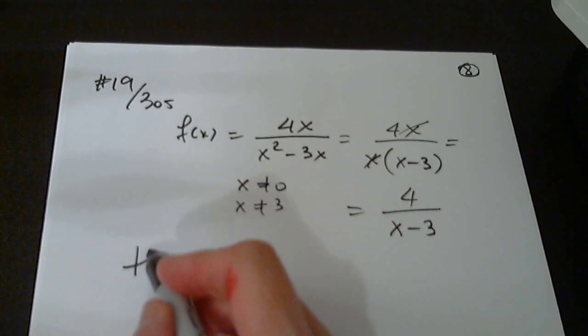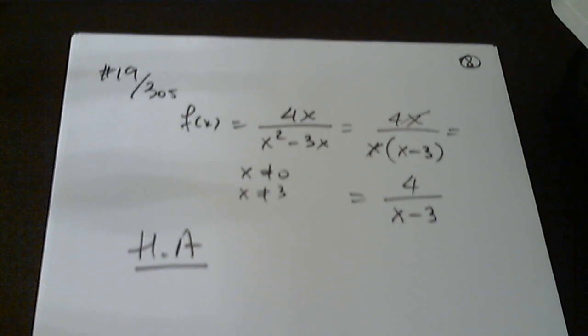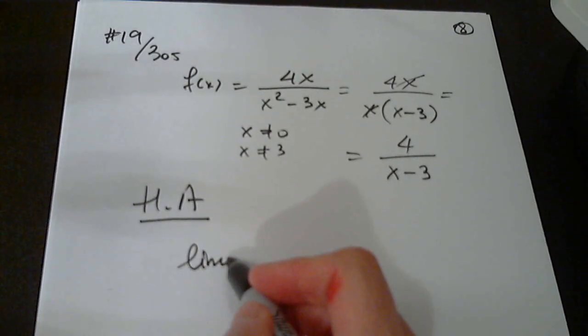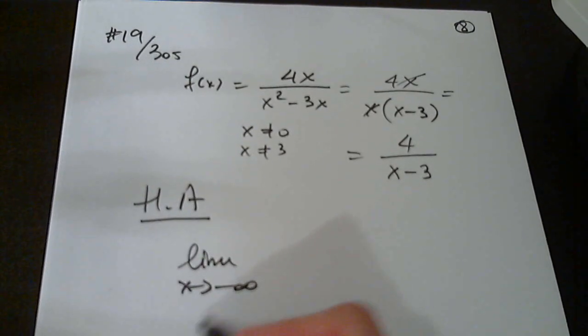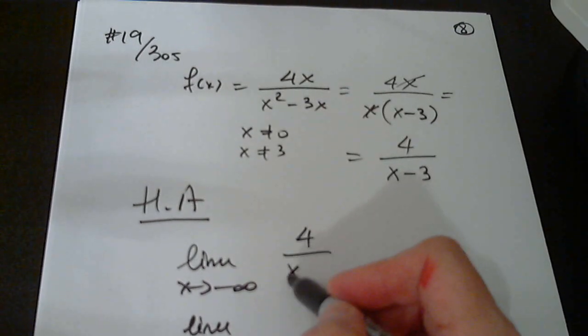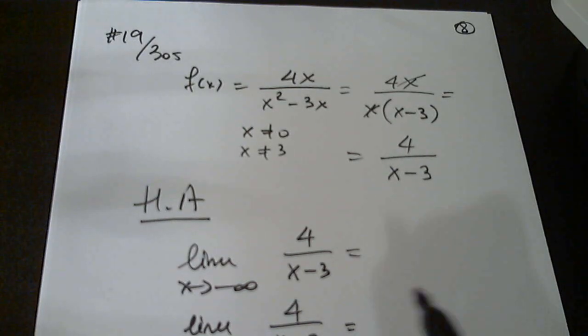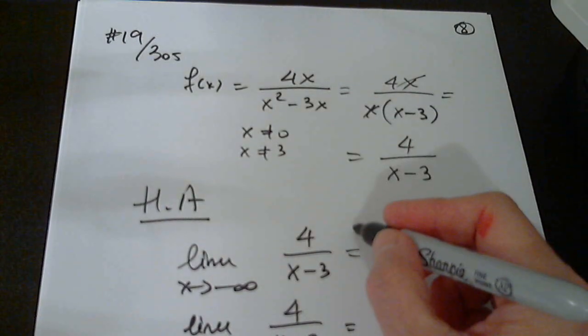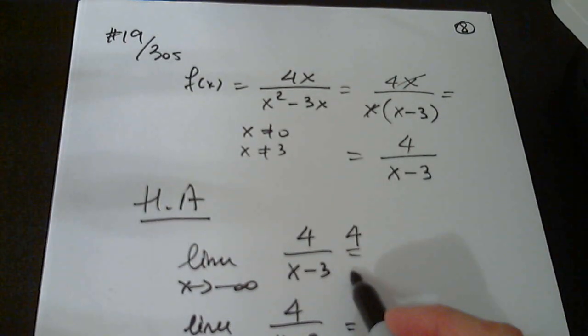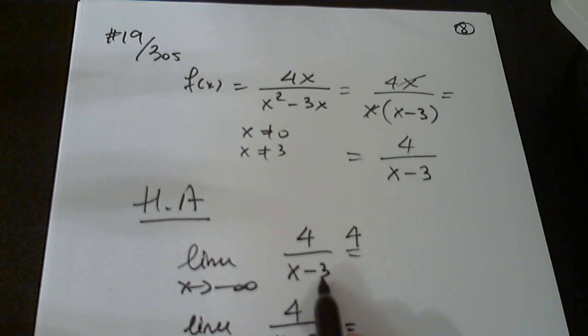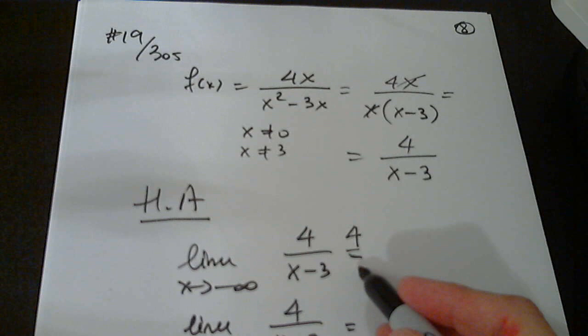When we talk about horizontal asymptotes, we have to find limits at infinity. If it is a number, then that is the horizontal asymptote. So when we plug in infinity, the numerator is 4, and the denominator is infinity minus 3. What type of number, or symbol, will that be?